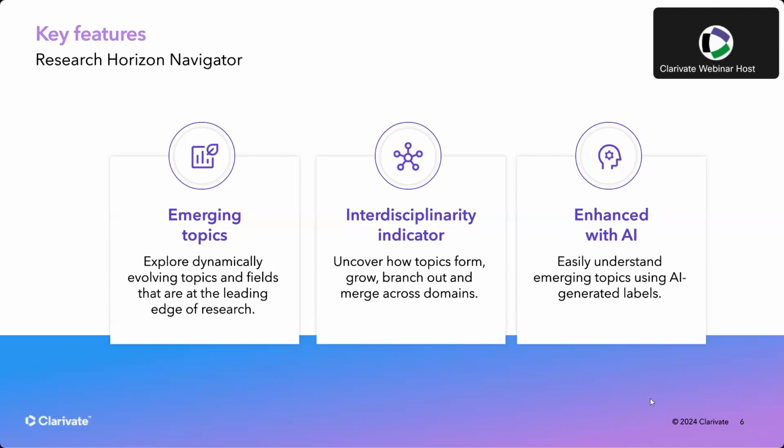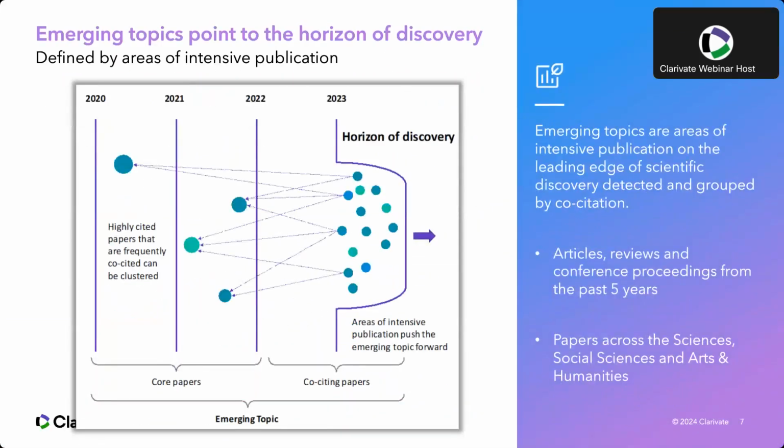In terms of methodology, we use what we call the emerging topics methodology. It is founded on 50 years of research conducted by the ISI group, the Institute for Scientific Information. Highly cited papers that are frequently co-cited are grouped together, and these areas of intensive publication push the emerging topic forward.